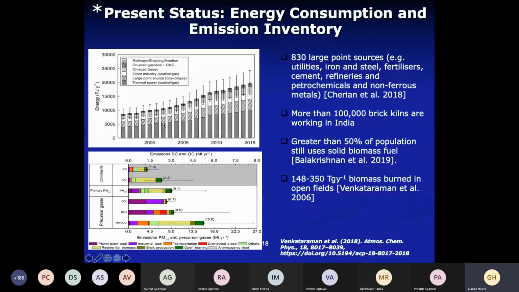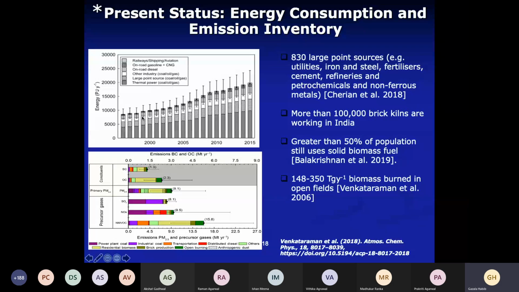The purpose of this figure is to show the largest consumption of coal, because we still have thermal power plants. We don't have nuclear power plants in many places. It's old technology that is still working, and this thermal power plant energy consumption is very high. But the on-road diesel is low compared to these sources, almost insignificant, but it is growing fast.